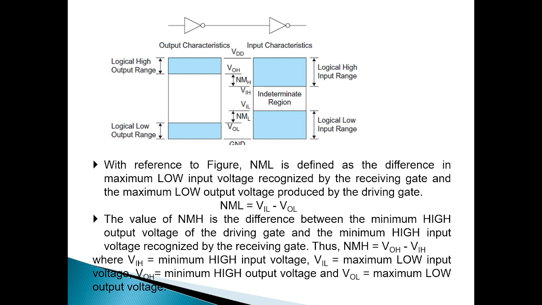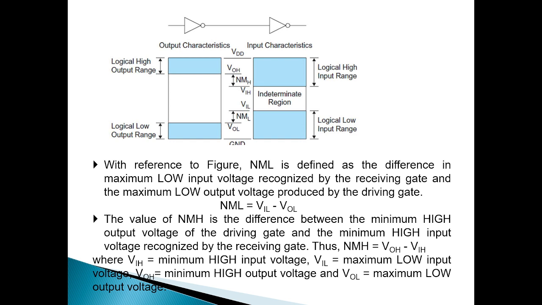With reference to the figure, NML is defined as the difference between the maximum low input voltage recognized by the receiving gate and the maximum low output voltage produced by the driving gate. That is, NML equals VIL minus VOL. Similarly, NMH is the difference between the minimum high output voltage of the driving gate and the minimum high input voltage recognized by the receiving gate.